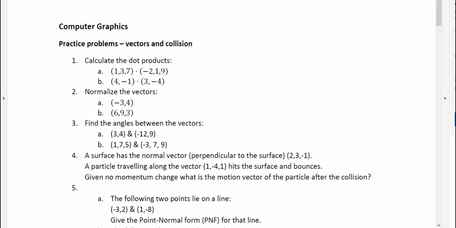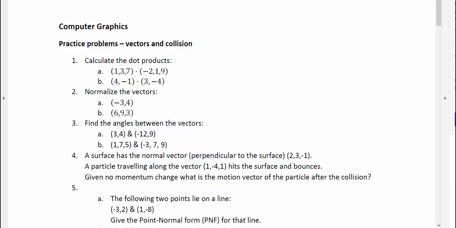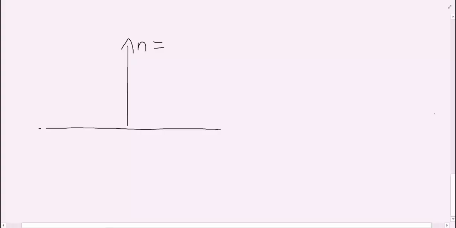So a surface has the normal vector 2, 3, minus 1. We'll draw this in 2 dimensions even though the problem in the end is in 3. So let's just draw a super simple drawing and not even think about what the actual numbers are. Let's say this is our normal vector n, and it equals 2, 3, minus 1.